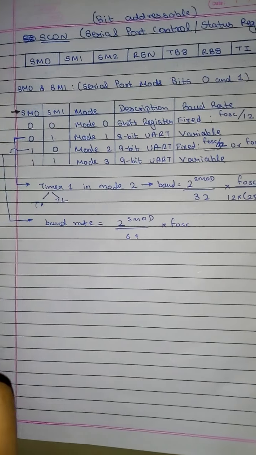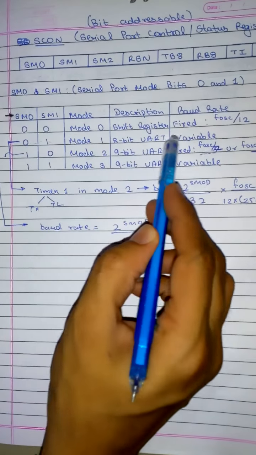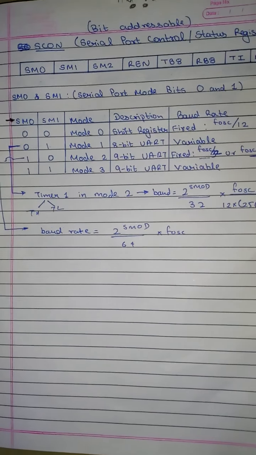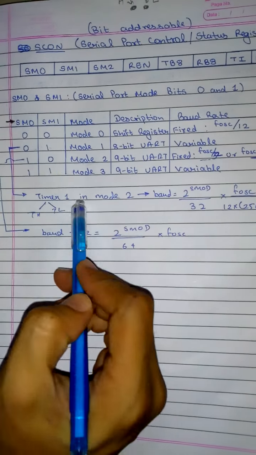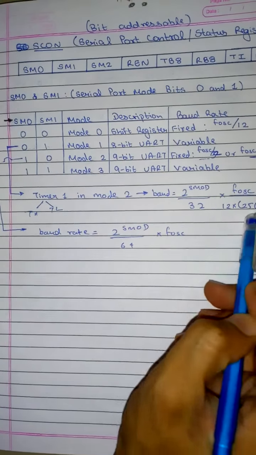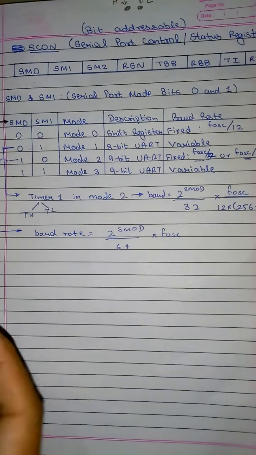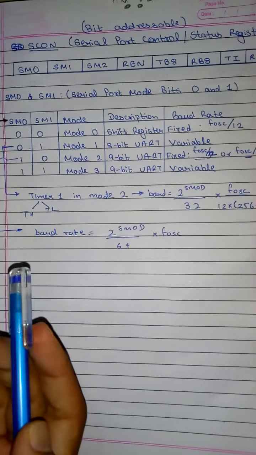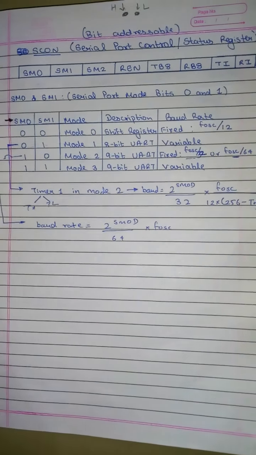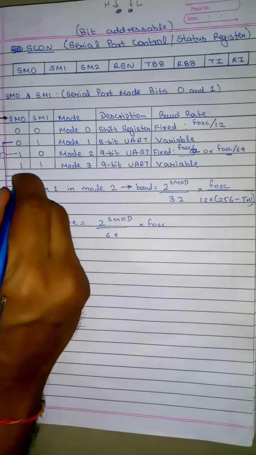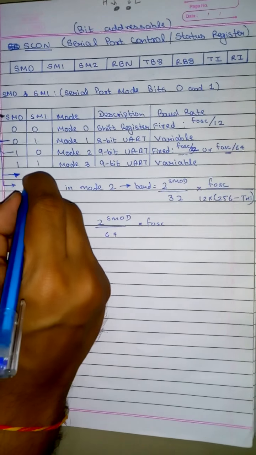Okay, I left one thing here. As I told you, timer 1 decides the baud rate in mode 1. If timer 1 is in mode 2, then this will be the formula for baud rate. But what if timer 1 is not in mode 2? Then it is decided by the timer 1 overflow. Let me write it down here.